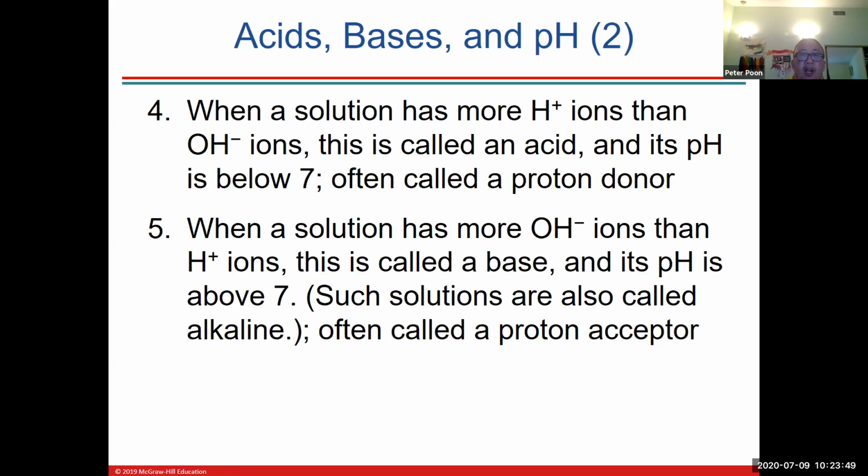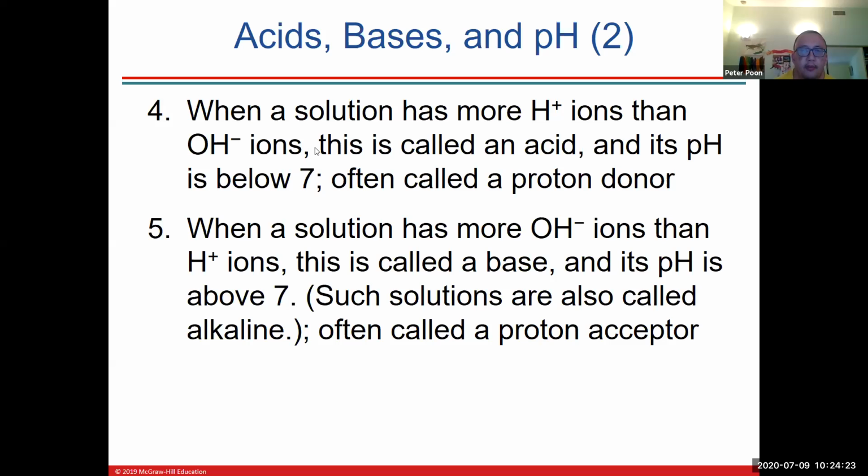When a solution has more H plus than OH minus, it is now acidic, and it's called a proton donor; you can donate a proton to something else.